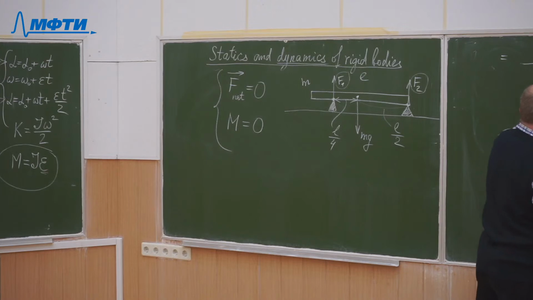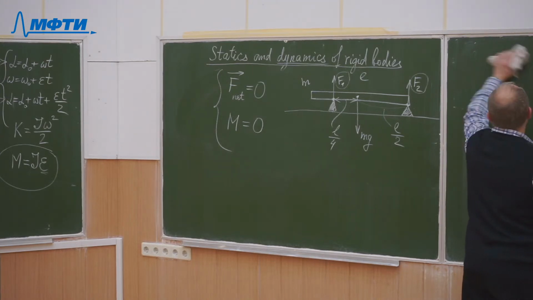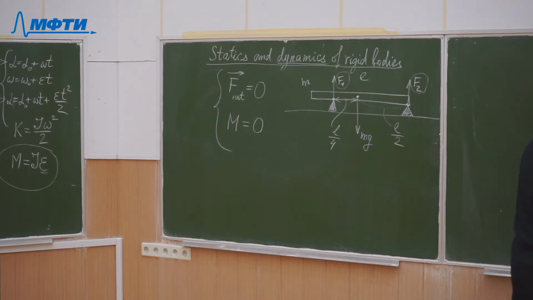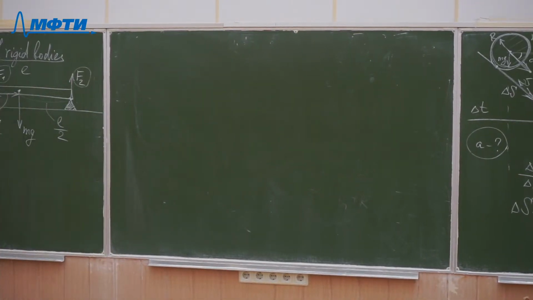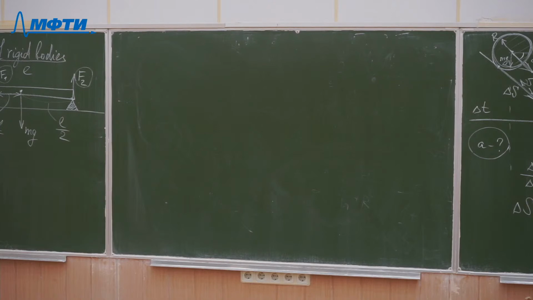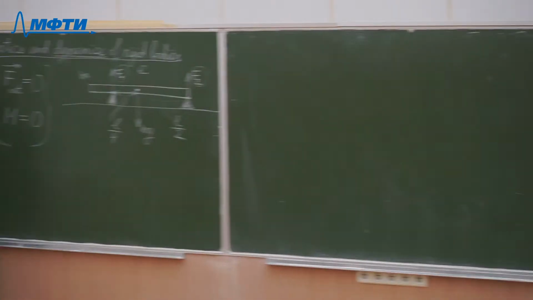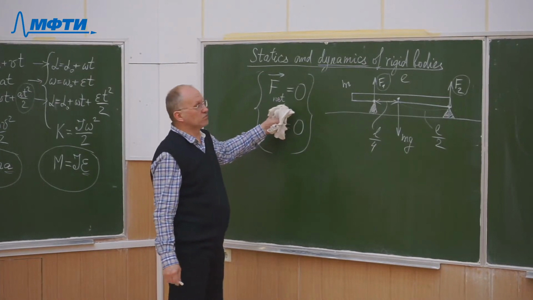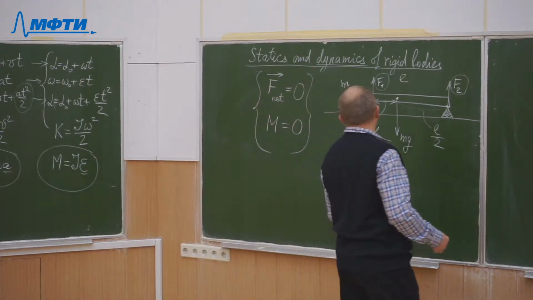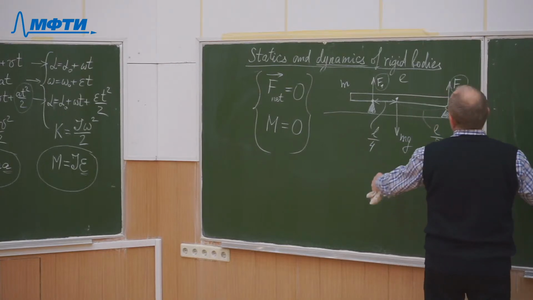The bar is in the state of rest. The bar is in static equilibrium. And the conditions for static equilibrium are given here. All the forces acting on the bar must be equal 0, the vector sum of all forces. Let's take into account this condition.